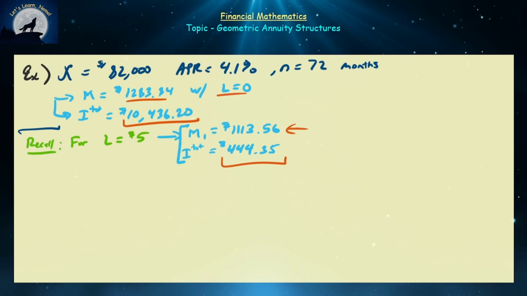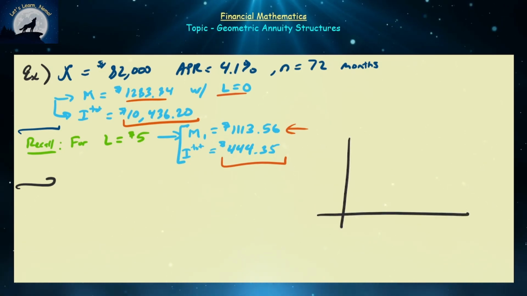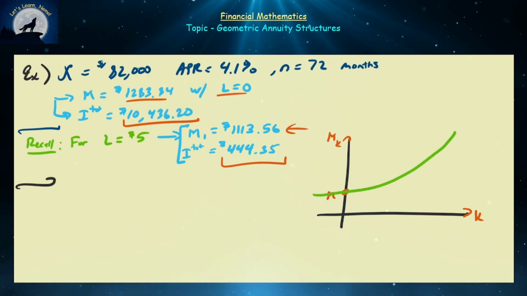So, what do geometrically increasing loans look like in comparison? Again, if you want to decide how big your monthly payment should be, obviously this is going to be equal to your M, where this is M_k and this is your time k. These are going to be your exponentially increasing lines, right?